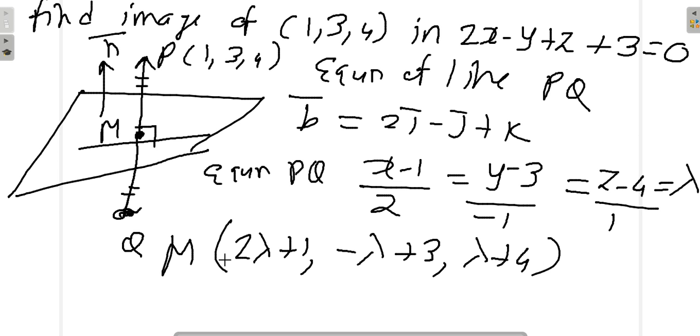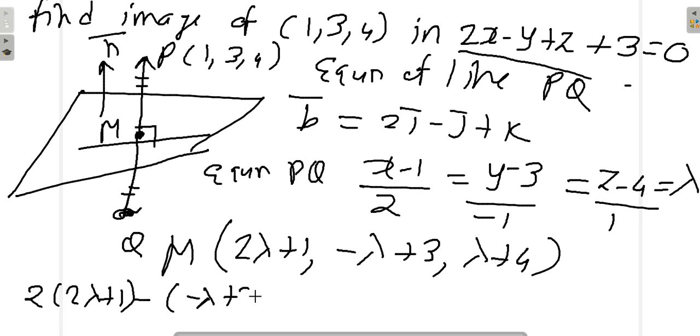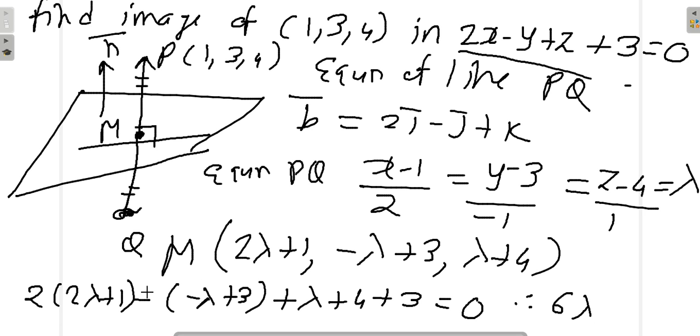So let us do that. Let us substitute M in the equation of the plane. What you get here is 2 times (2 lambda plus 1) minus (minus lambda plus 3) plus (lambda plus 4) plus 3. That gives you 4 lambda plus lambda, this is 5 lambda plus lambda, that is 6 lambda.